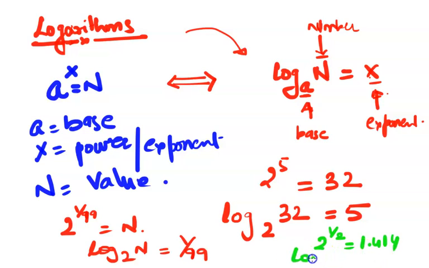This implies log 1.414 to the base 2 is equal to half. So remember, there's a base a, which is the same as base a. x is an exponent, which is also the power here, equal to number n. So log n to the base a is equal to an exponent.